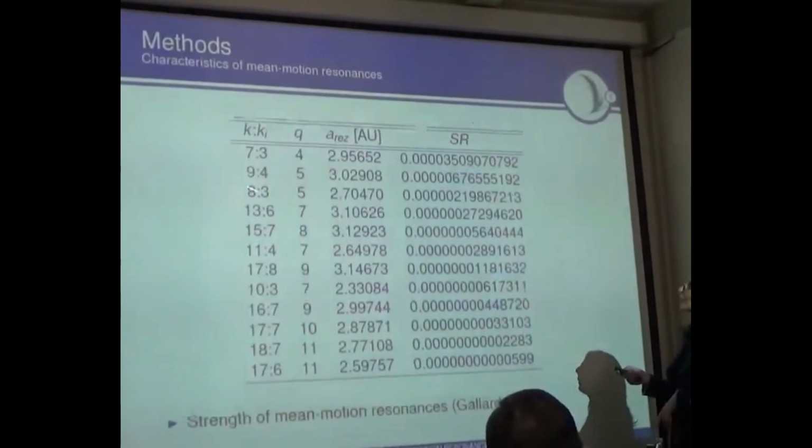In order to calculate the strength of the resonances, which is very important for the definition of this interaction, we use the numerical method explained and applied by Gallardo 2006 to calculate the strength of mean motion resonances of two bodies, asteroids and Jupiter in our case.